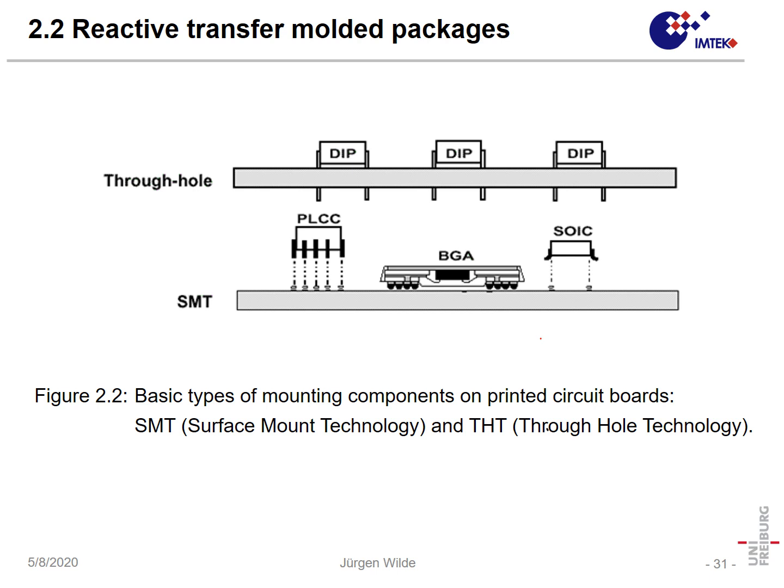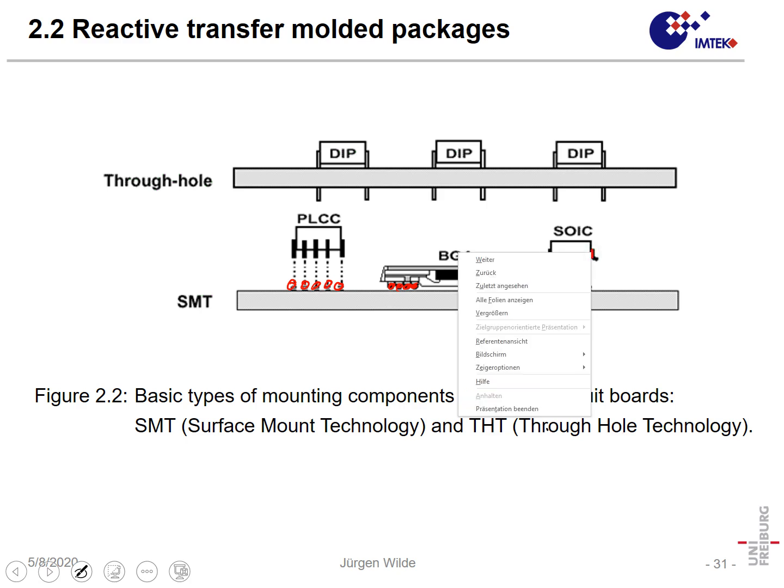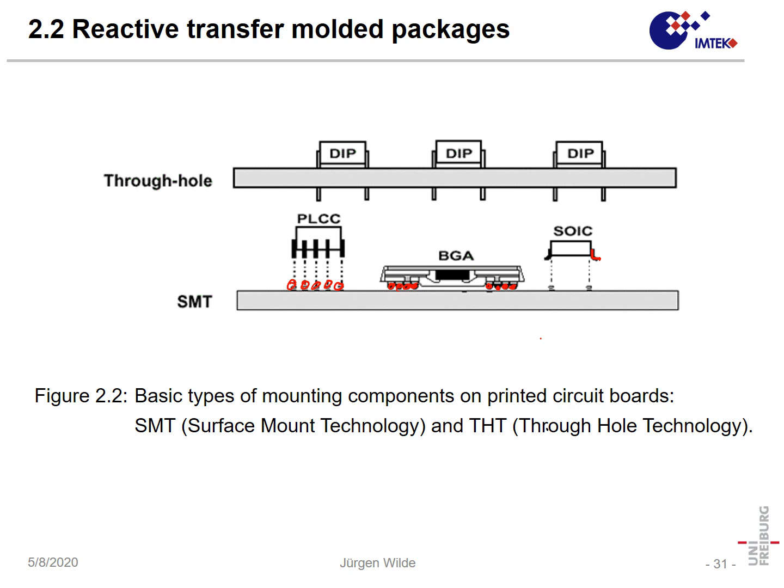We have something which is put on top, and here we have the solder joints, or in the case of a ball grid array, we have the solder balls. If the legs of the device are more like the Dachshund legs, it's a so-called SO device, or the alternative is a solder ball.